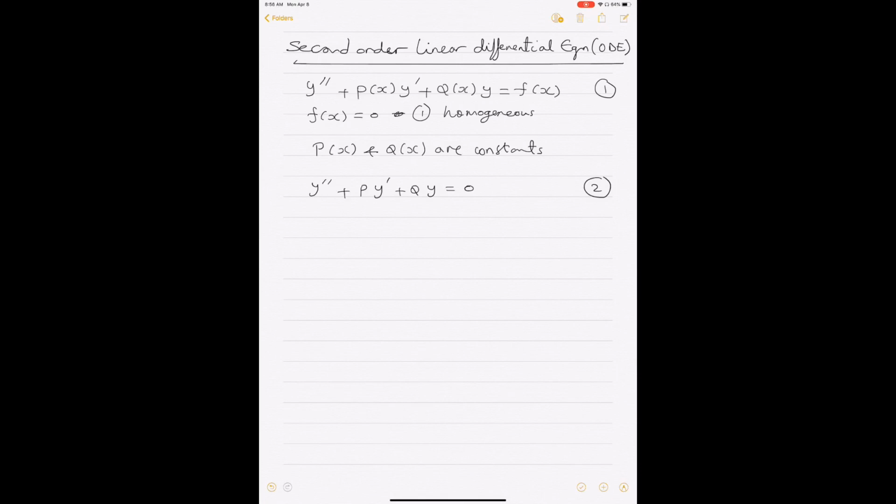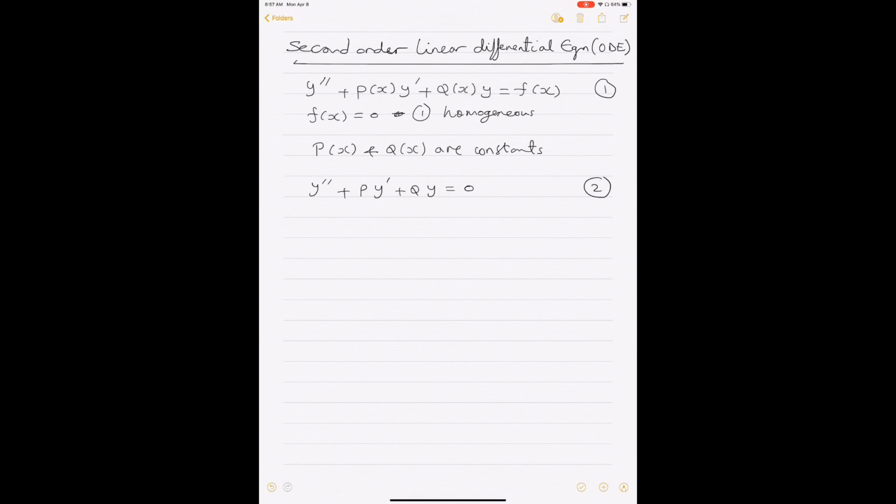We will now explain a method of solution. In order to solve a second order linear differential equation with constant coefficients, we will use what we call a characteristic equation or auxiliary equation.